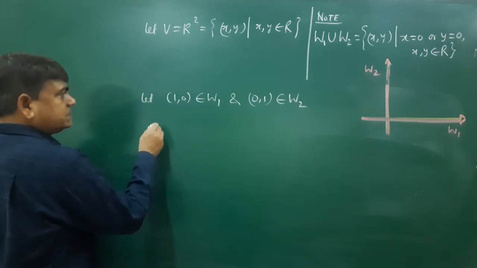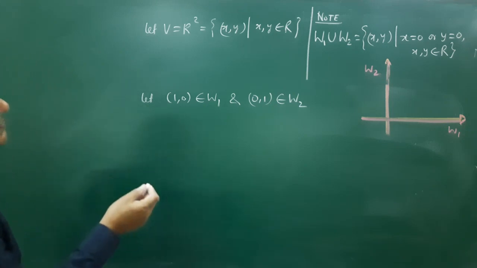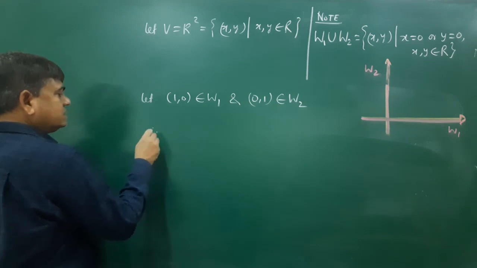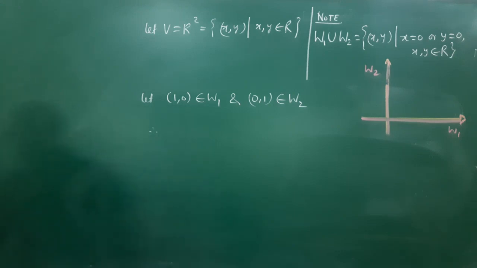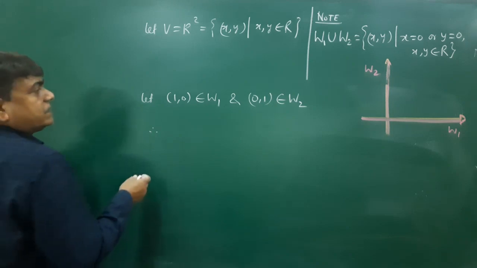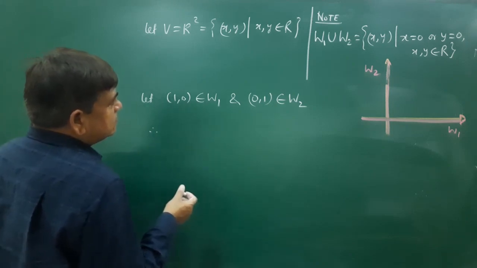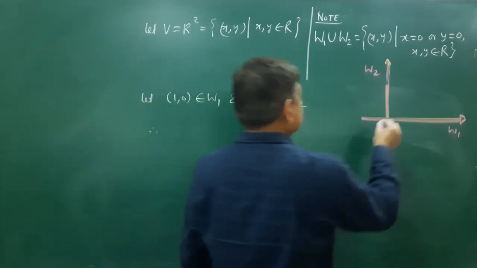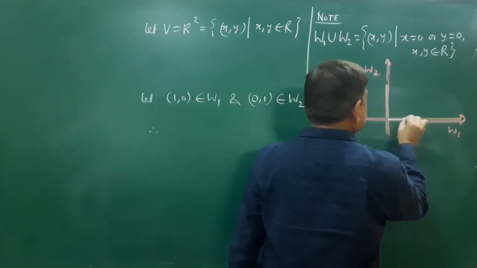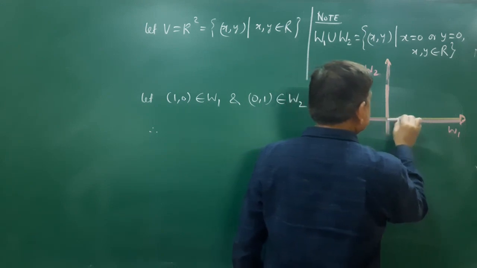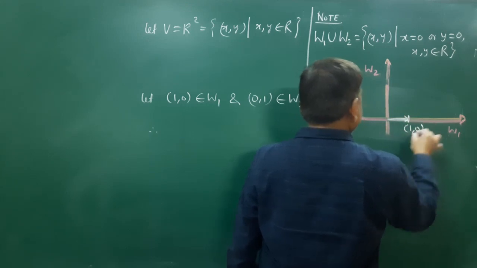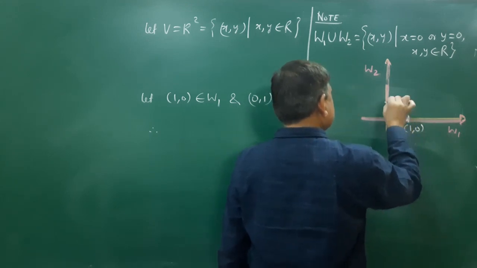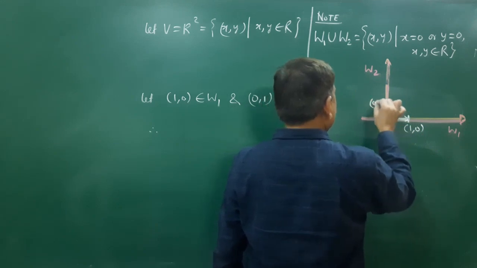Look at this. This is (1, 0), and here you find this is (0, 1).